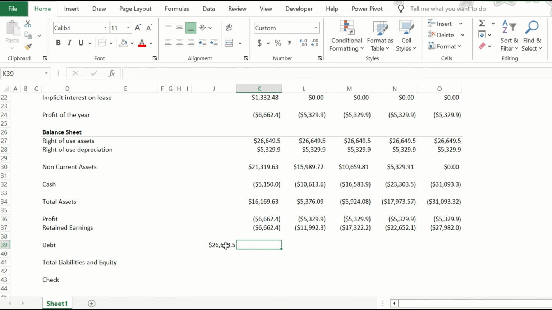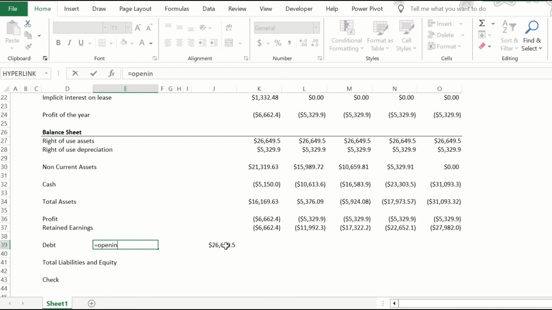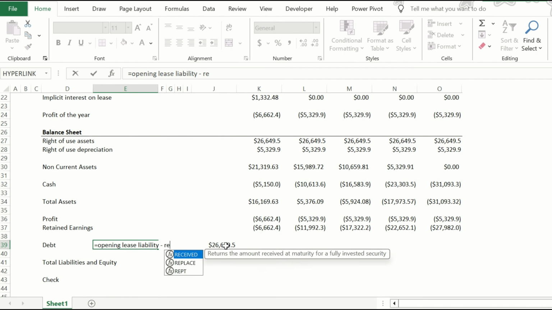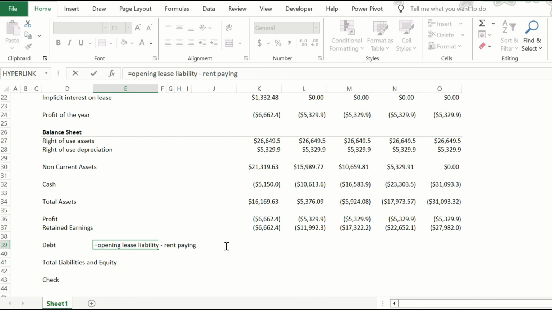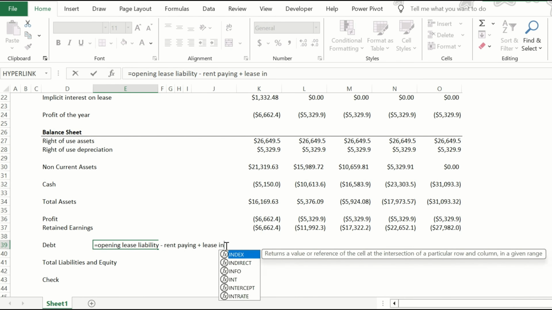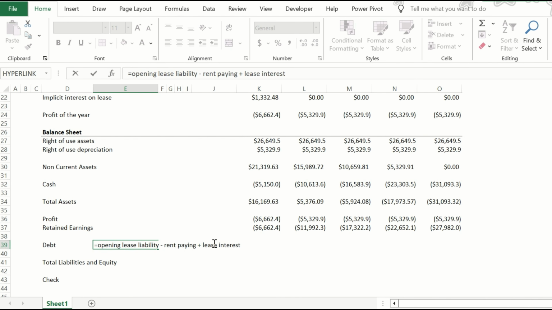Now let's come back to this part again. Your lease liability is your opening lease liability every year, minus the rent that you're paying, because you are decreasing your liability with the rent, plus the lease interest. Why plus?